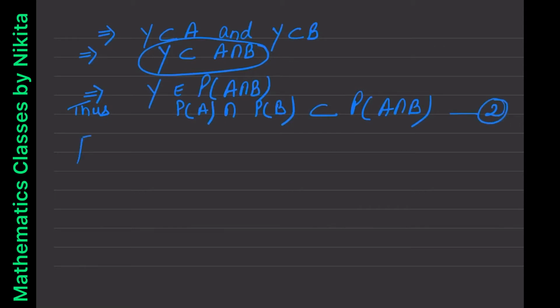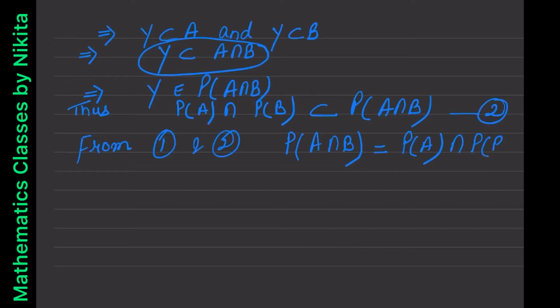So from 1 and 2 we get that power set of A intersection B is equal to power set of A intersection power set of B. Got it? Hence proved. Very important question from your examination point of view.